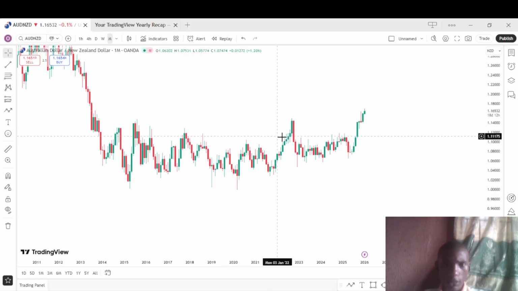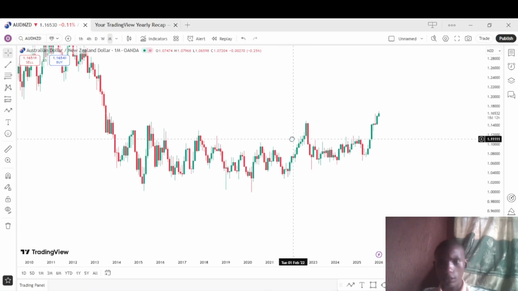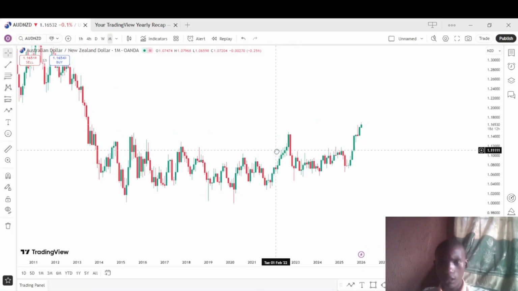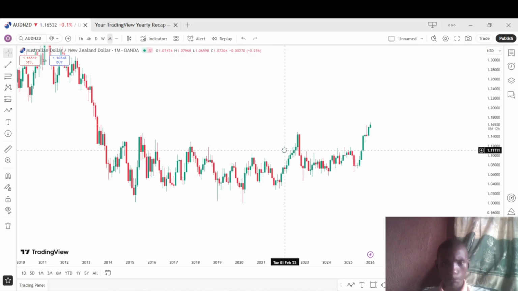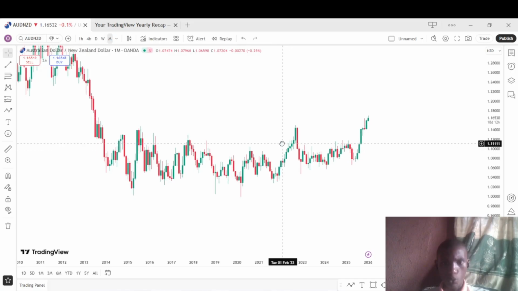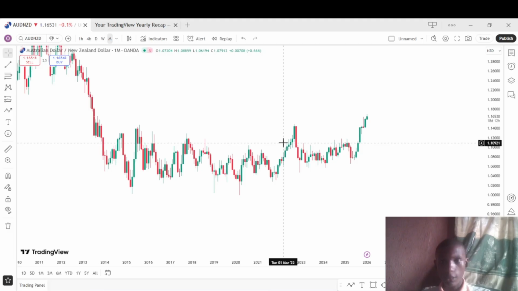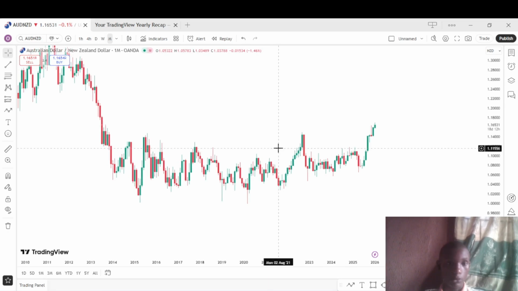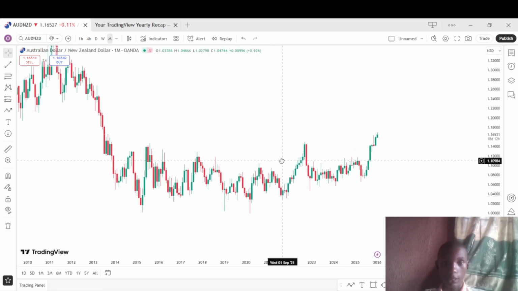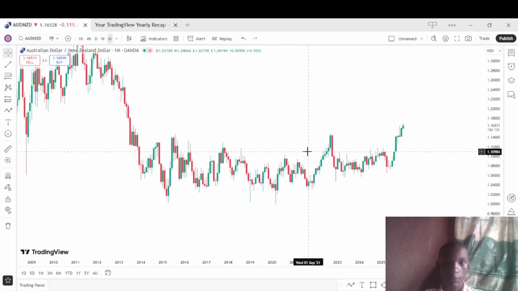Let me check, is there a candlestick pattern in this pair? No, there's no candlestick pattern in this pair. So guys, candlestick patterns do not always form. You don't get to see a candlestick pattern every single time.